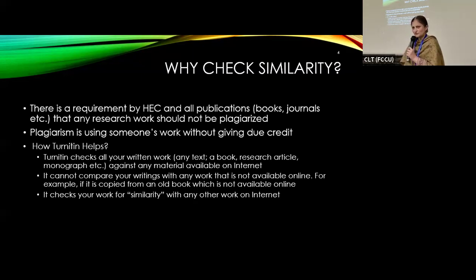For example, some intermediate books or other books published by the Punjab Textbook Board are not available online. If someone is taking material from those books which are not online, this database is not going to help you. Sometimes our students used to do that, but luckily now those books are also available online, so we can check the content too.